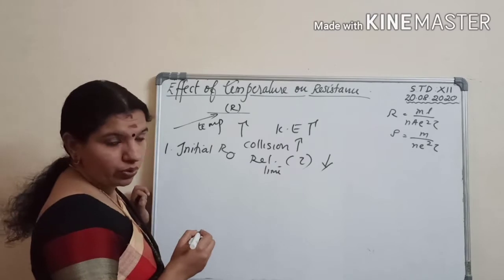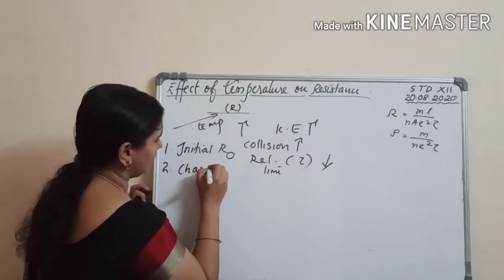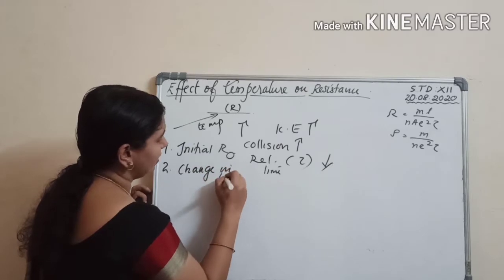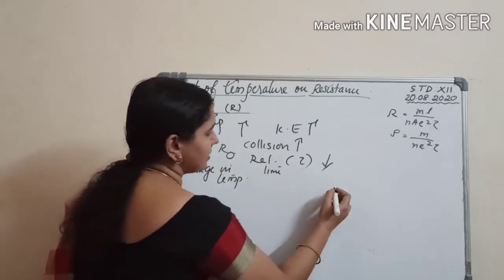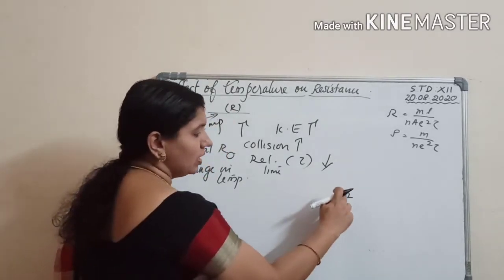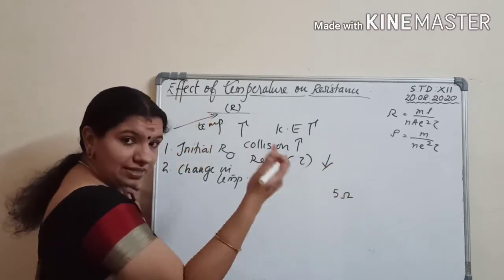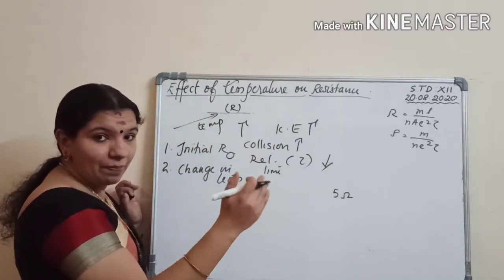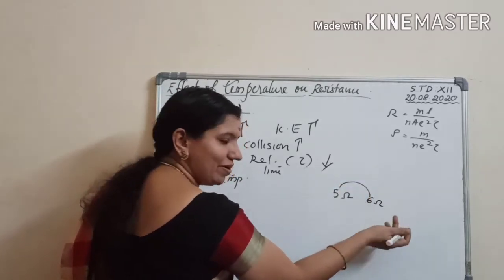The second one is the change in temperature. For example, first I have a resistance of 5 ohm. When I increase the temperature, what will happen? Resistance increases and so it will turn to 6 ohm or 7 ohm like that.